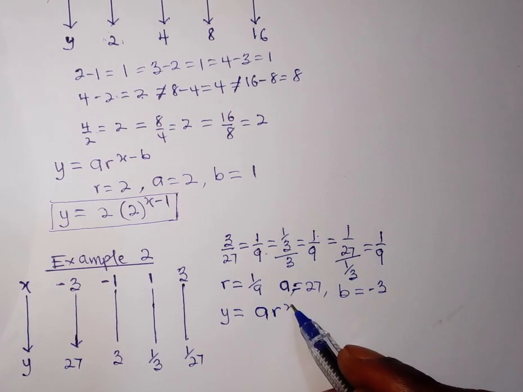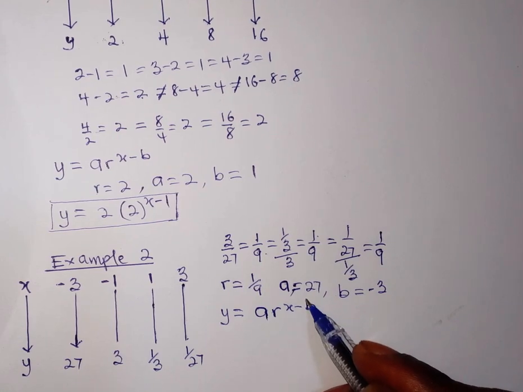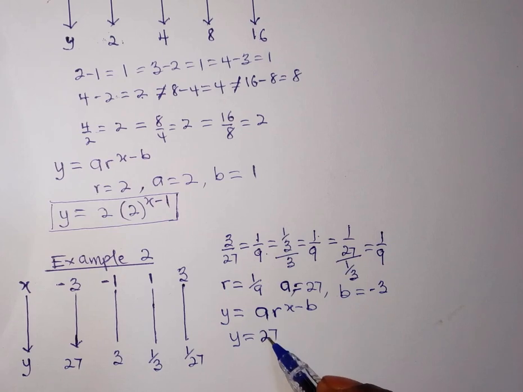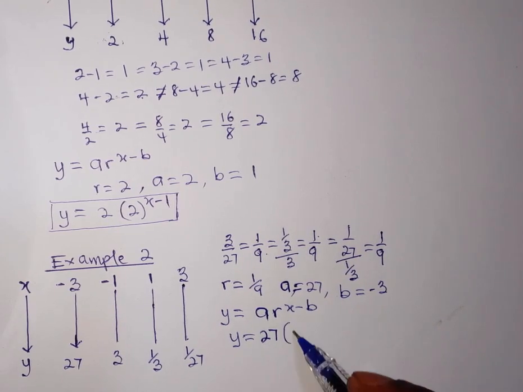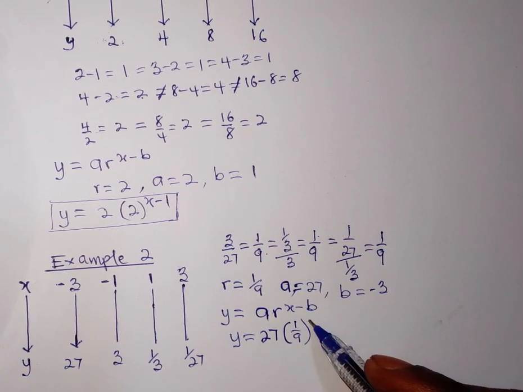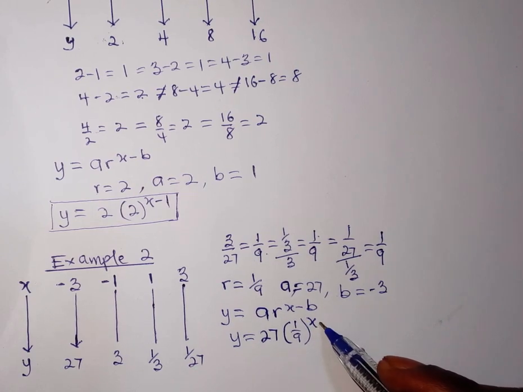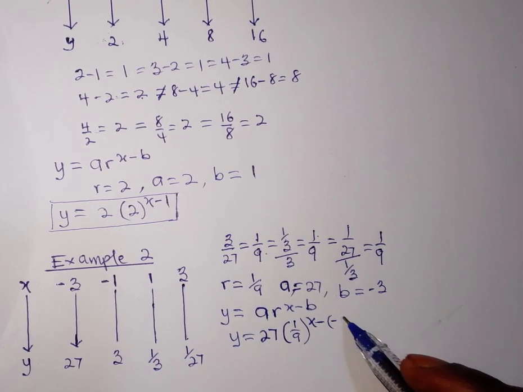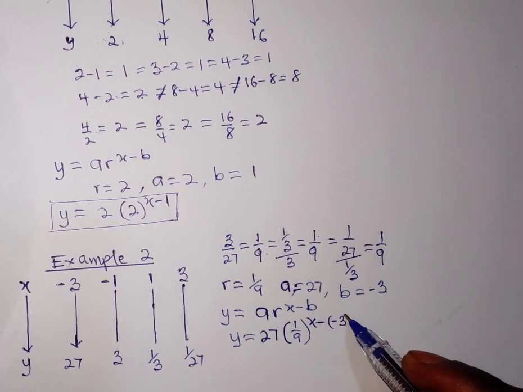Okay, x minus b. So I'm only substituting these values. My A is 27, and I'm going to put my R, which is 1 on 9, in a bracket, where I can bring the exponent x minus negative. B is already negative, so I'll bring my negative here, -3.